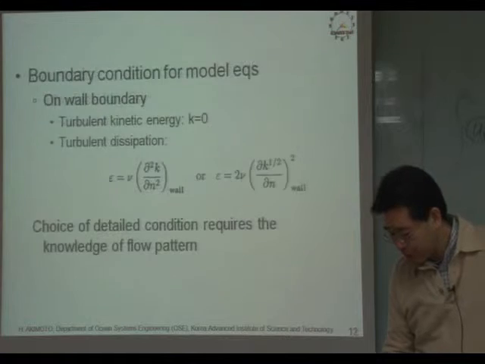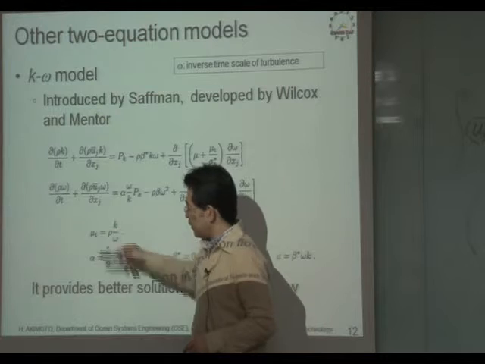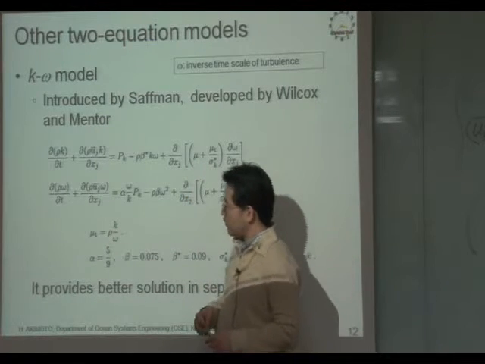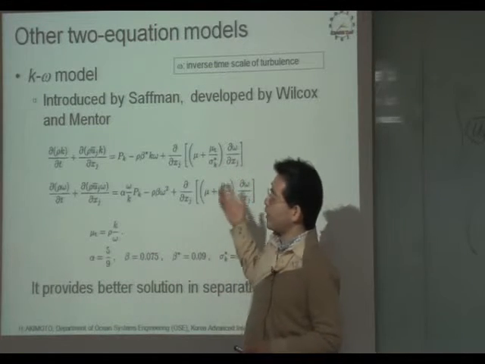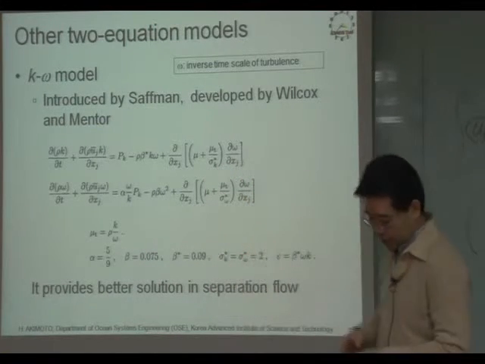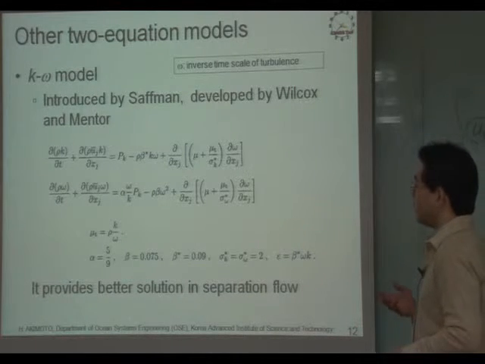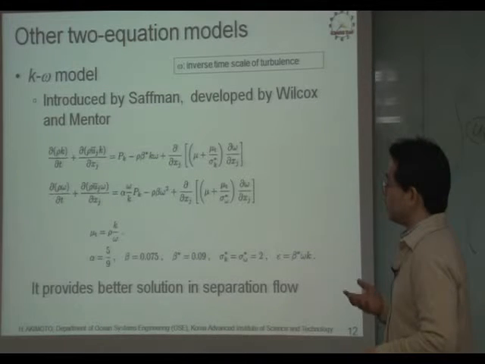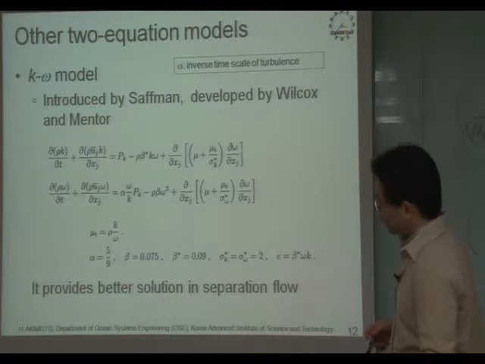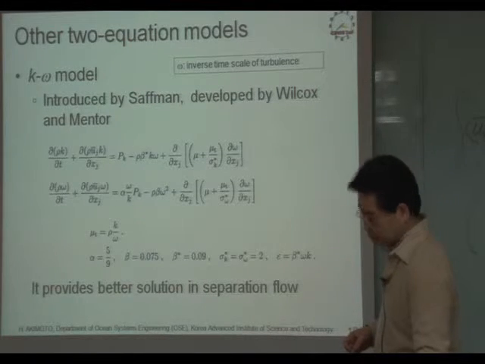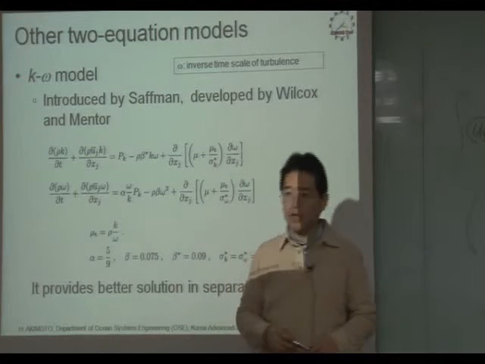In the previous models, we consider eddy viscosity like this. Eddy viscosity is a scalar in the previous k epsilon and k omega models, but in the analysis of experimental data or analysis of DNS results, we know nu t is not a scalar.